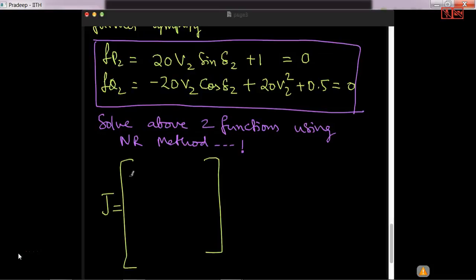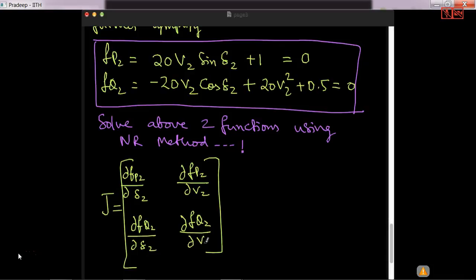So differentiate the first function with respect to delta 2 and differentiate the first function with respect to v2. Similarly, differentiate the second function with respect to delta 2, differentiate the second function with respect to v2.